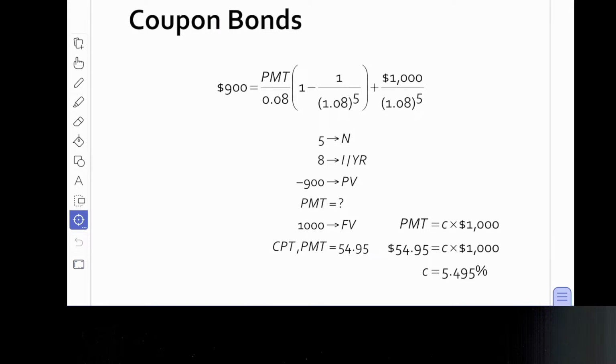Try that. Verify you can enter that. So again, this might be a little confusing because you have to do two steps. One to solve with the calculator, but you're not finished because this is the payment, but I want the rate.